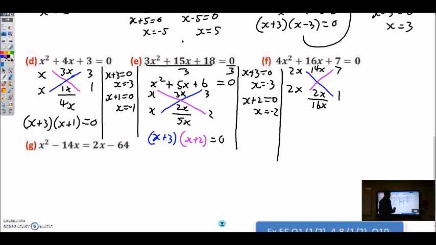So I'm going to write it out. I have 2x plus 7 and I have 2x plus 1, all of which is equal to 0.